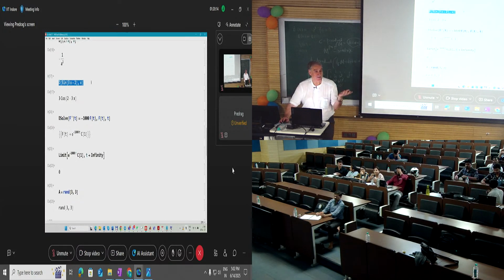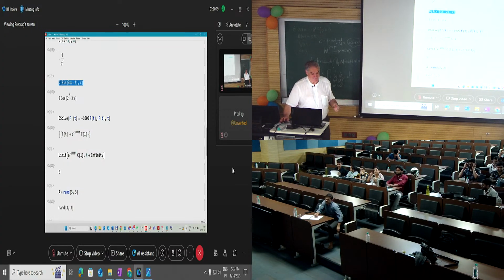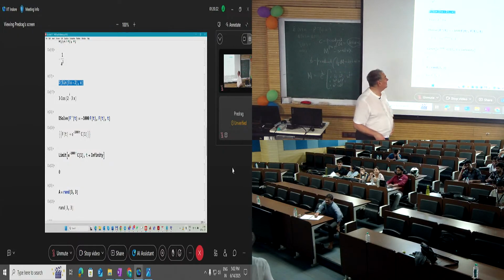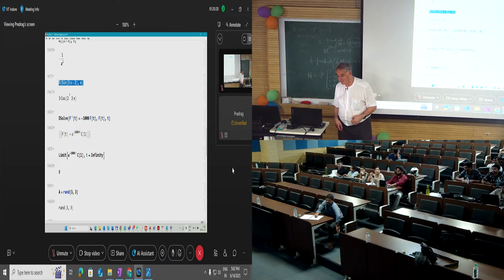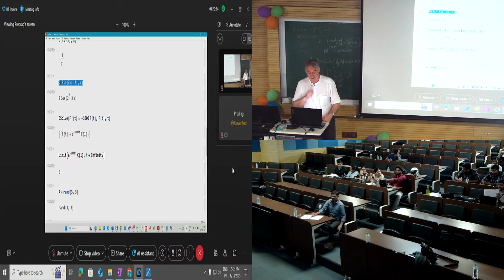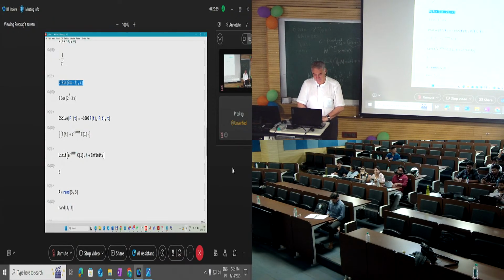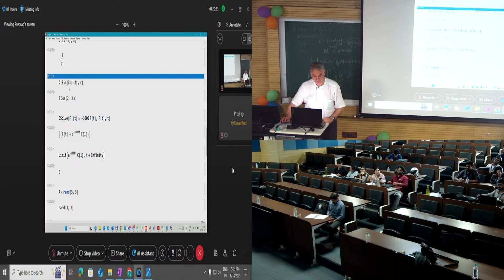The derivative of sine 3x minus 2 gives 3 times cos of 3x minus 2. But here it is 2 minus 3x. Cos of minus 6 is cos x. Here use cos of minus x is cos x, I would say.